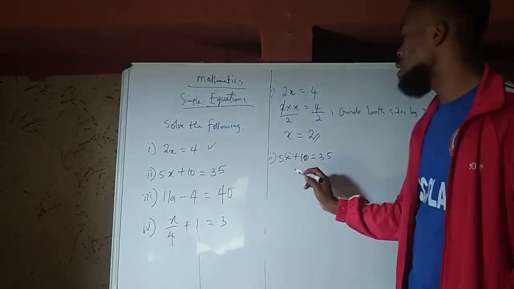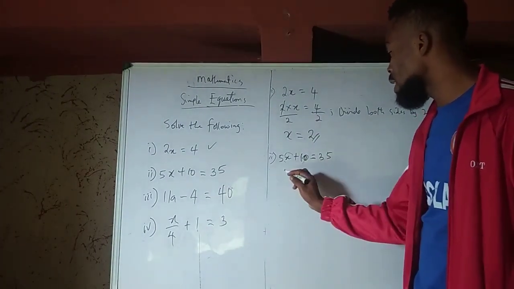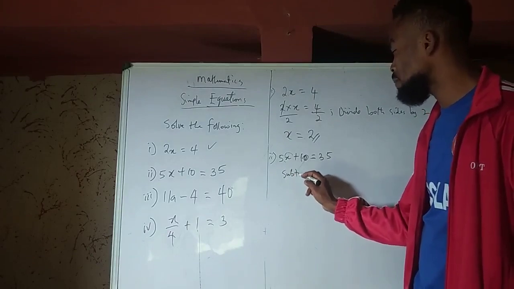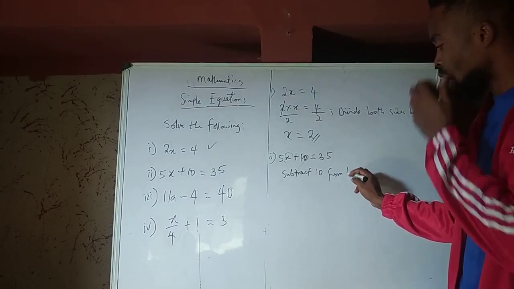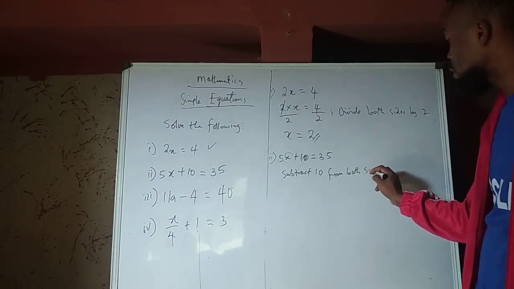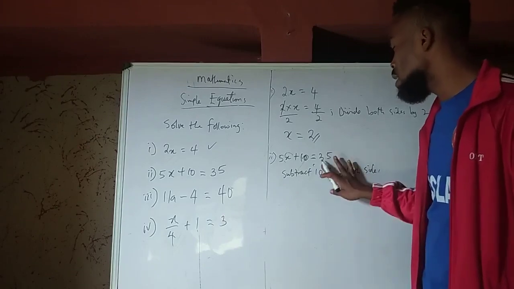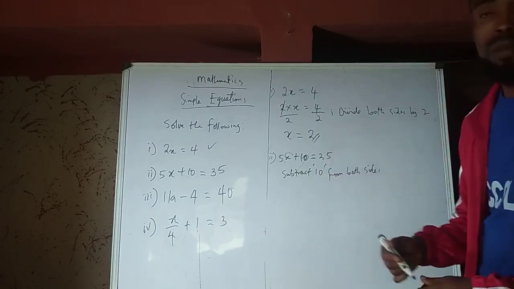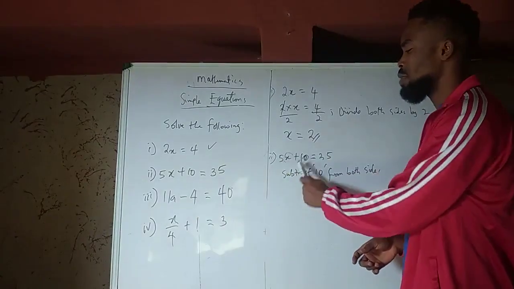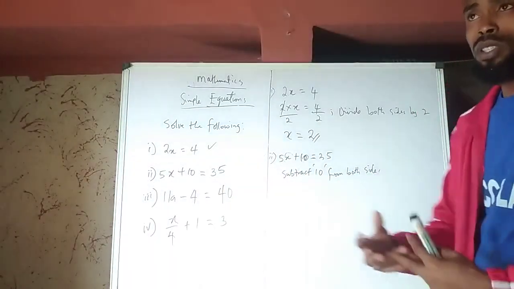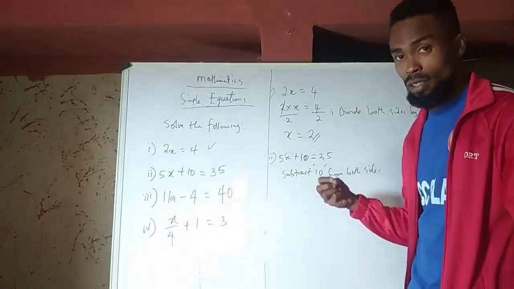So first of all, we are going to subtract 10 from both sides. Now, why are we subtracting 10 from both sides? Because first of all, 10 is connected to these guys by addition. So the only way we can remove 10 is by subtracting it, right?